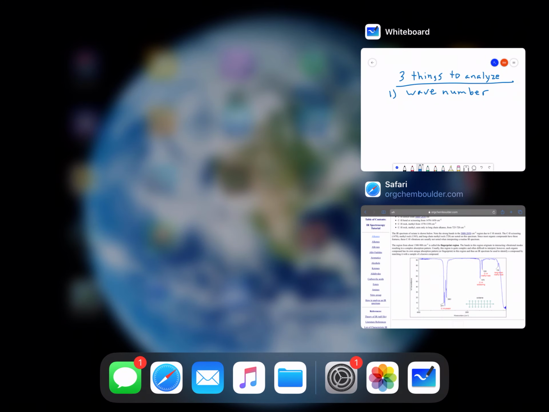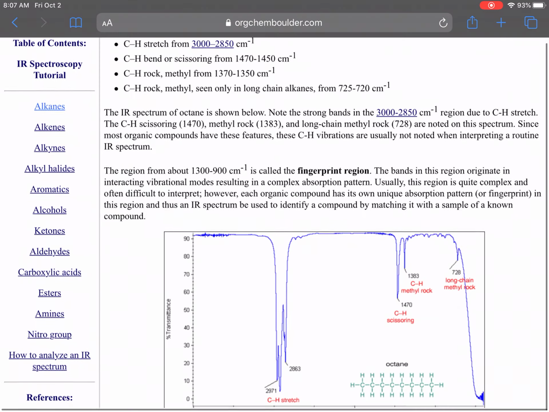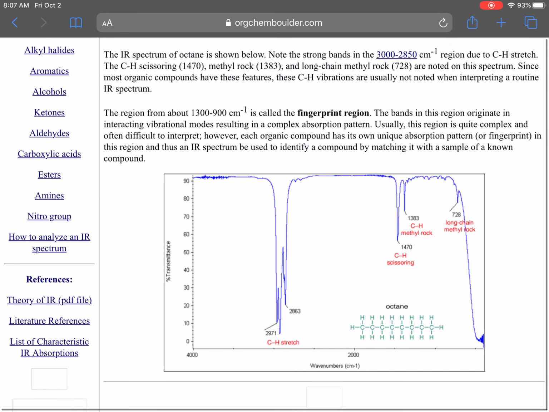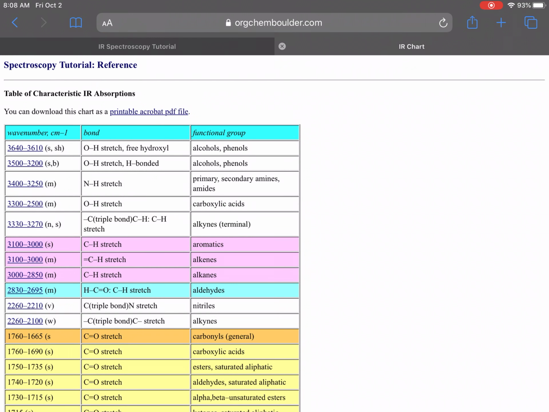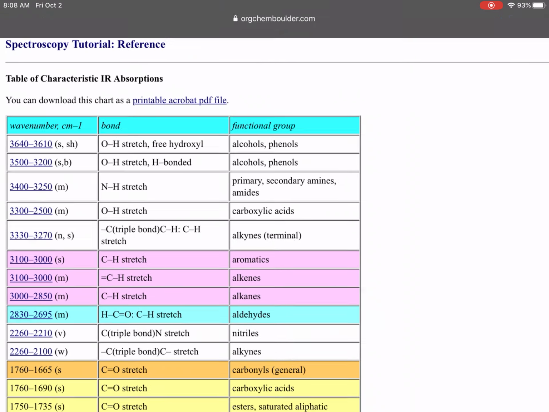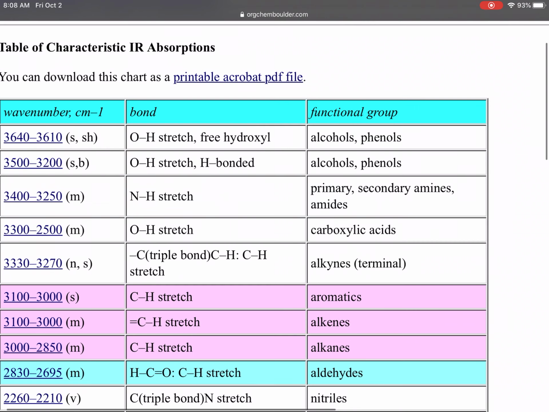In fact, if you go back to this tutorial, you'll see at the bottom of the left frame, references, a list of characteristic IR absorptions. This is also referred to as a correlations table. You can see it's nicely organized here. Over here on the left, we have wave number.